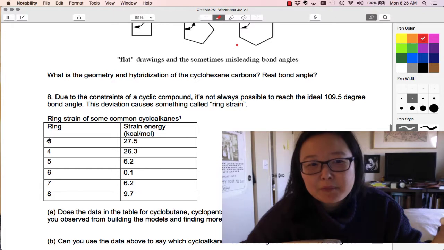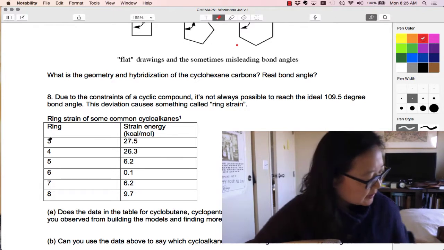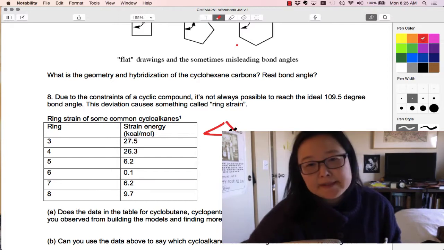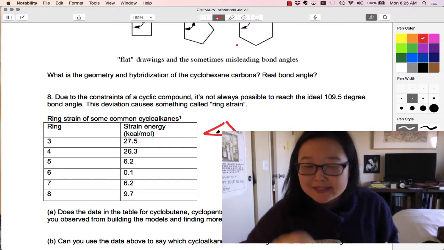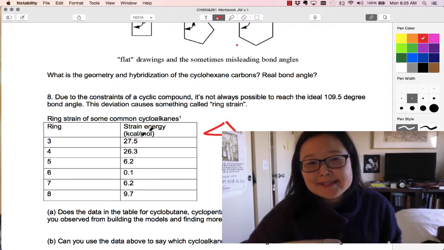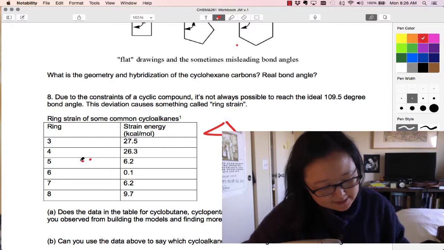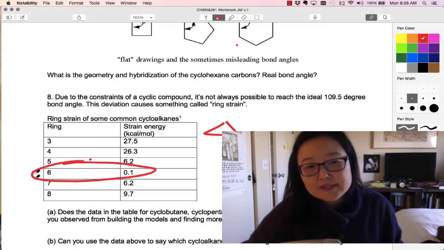For cyclopropane, which we didn't build, which is 3 carbons in a ring like this, you can imagine the greater bond angle deviation from ideal. So this is going to have the highest strain energy. With 4 carbons, you still have a lot of strain energy, and you see it start to decrease towards 6 carbons. That's really the best you can get, is with 6 carbons.